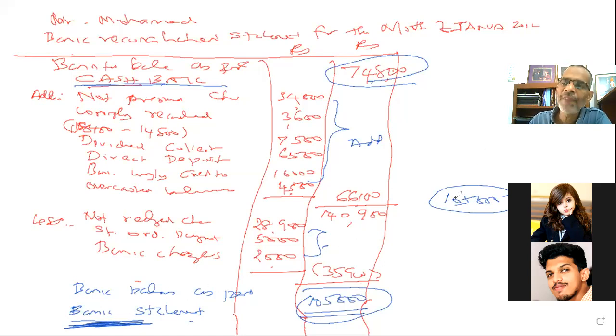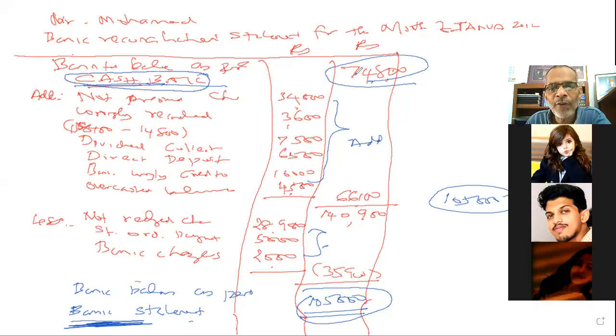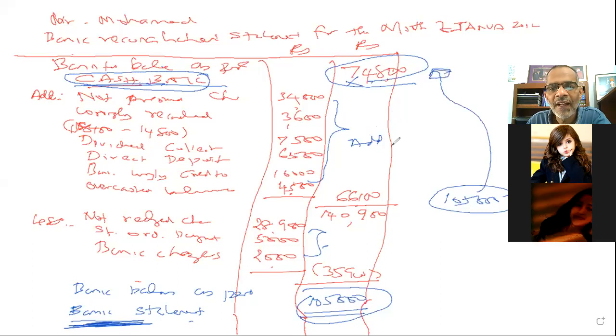Now if you are doing the other way around, how to do that? Write down Mr. Mohammed, bank reconciliation statement for the month of January 2001. Bank balance as per the what you have to write down? Bank statement. You cannot put 74,000. How many thousand you want to put here?